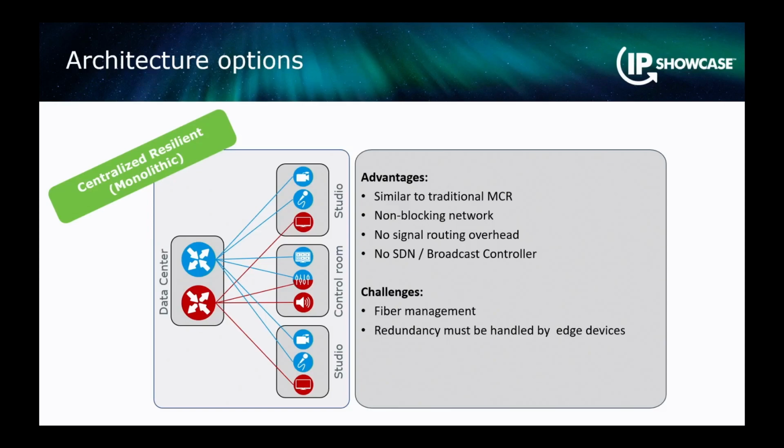It looks like the big MCR SDI router, one big thing where everything comes in and out. It is non-blocking, if you pick a switch that is non-blocking, by the way. And you don't need any special technology to route here and tell the traffic where to go. It's fairly simple. Things come into the switch, can come out another port.